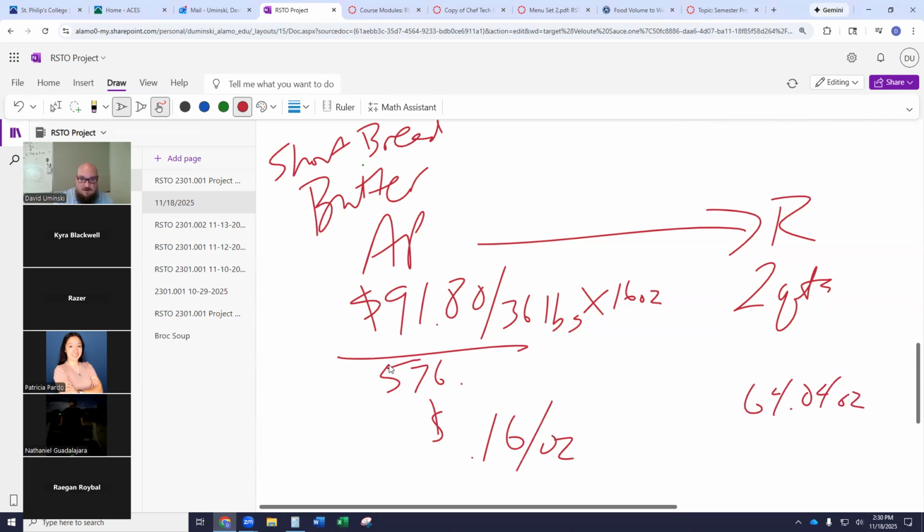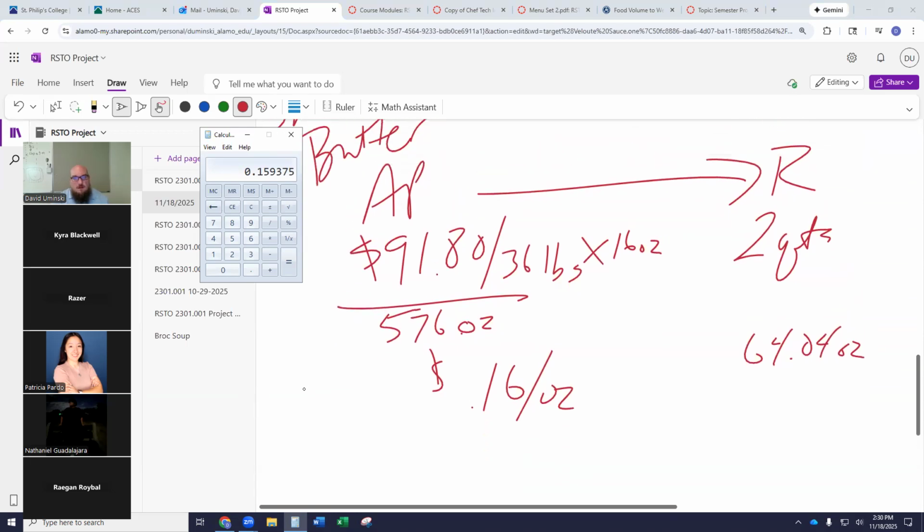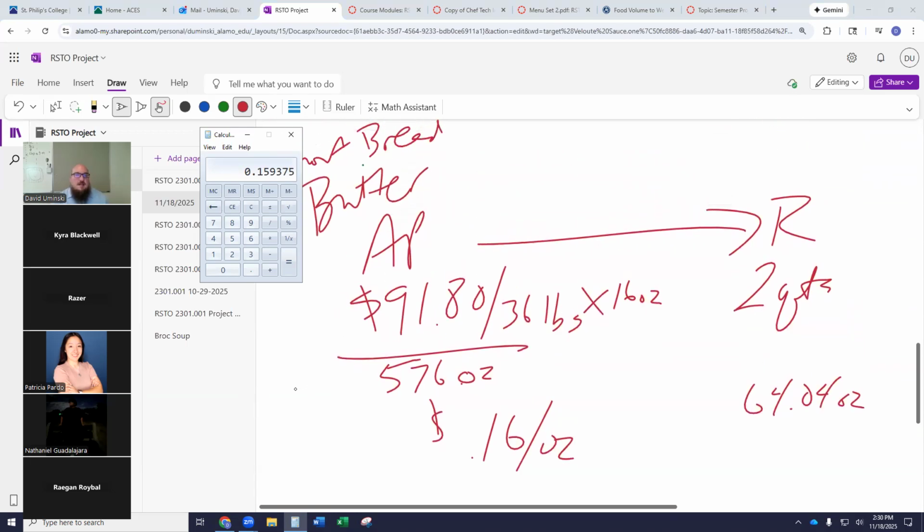So I did the math again, but rather than putting in ounces, I put it in pounds. I'm just wanting to see if that maybe is what got me wrong, or maybe it's just the initial conversion that I did.